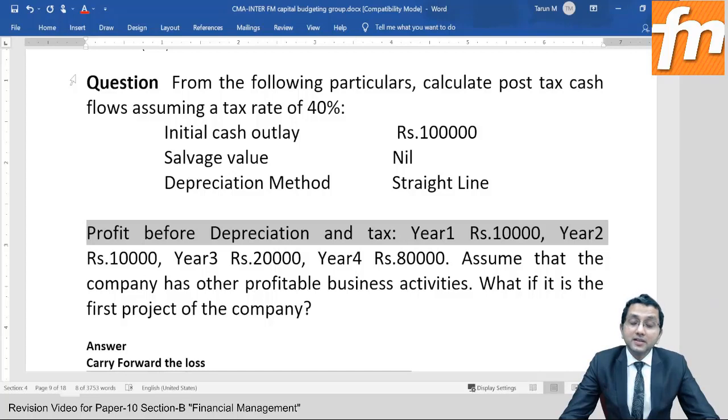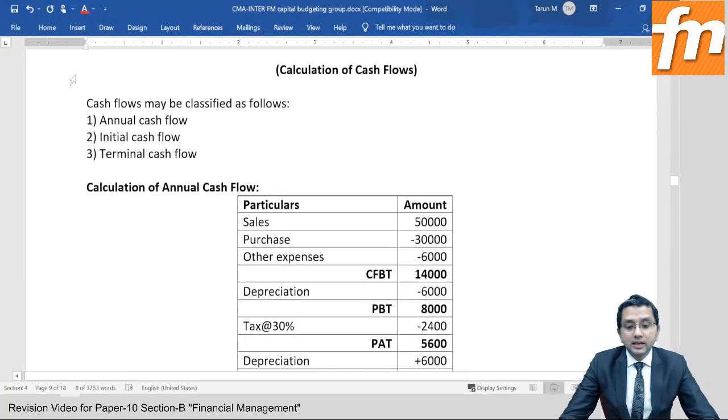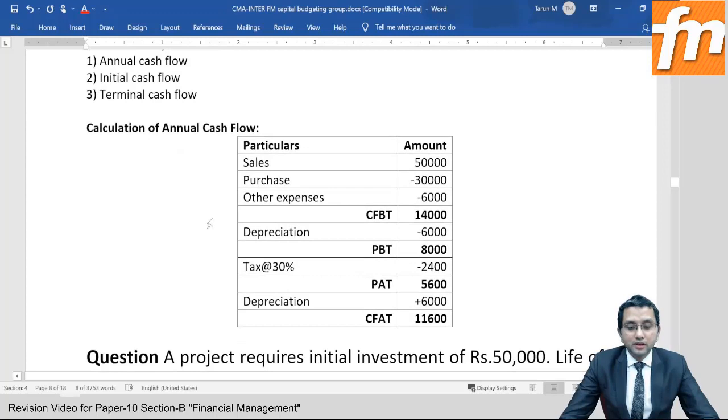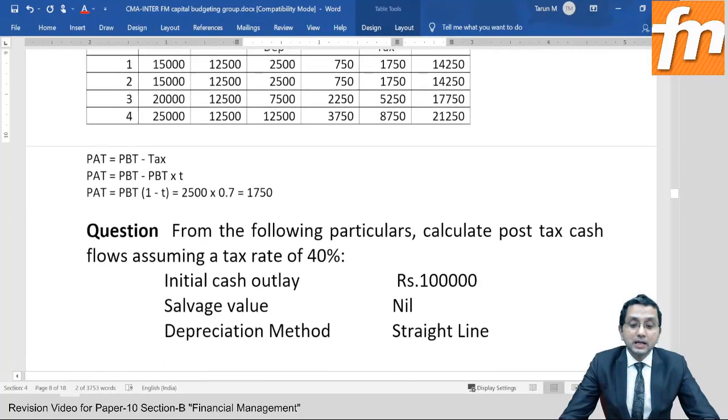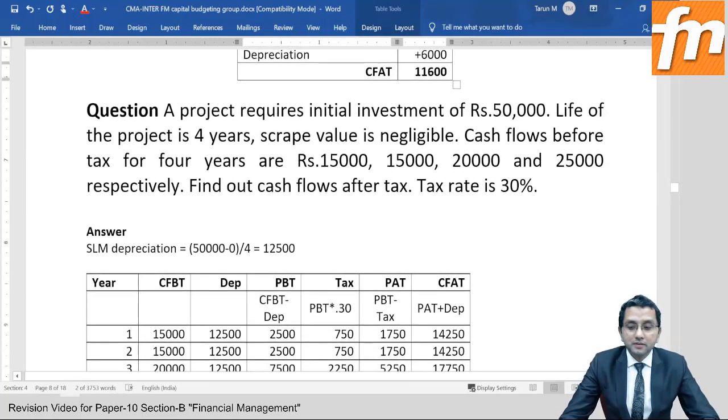Profit before depreciation and tax. Mind it, this is before deducting depreciation and before deducting income tax. Look here, this 14,000 rupees is before deducting depreciation and before deducting income tax. And how do you name it? Profit before depreciation and tax. You name it as CFBT, right?